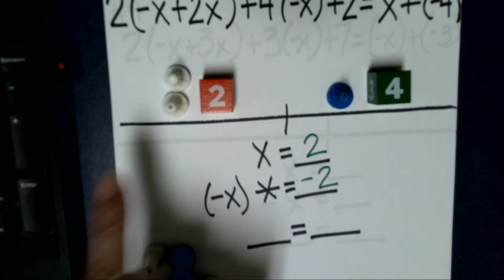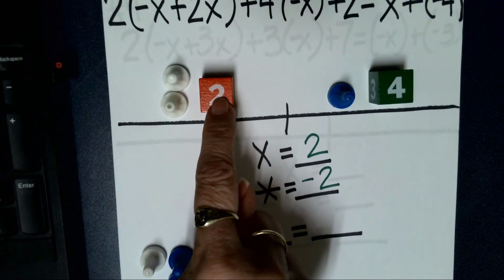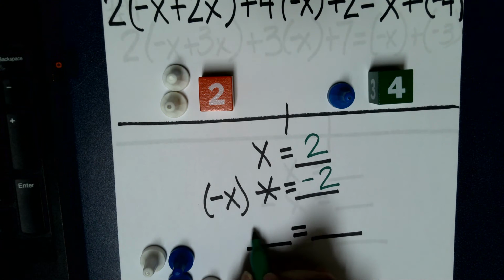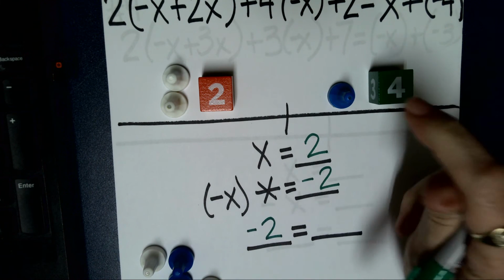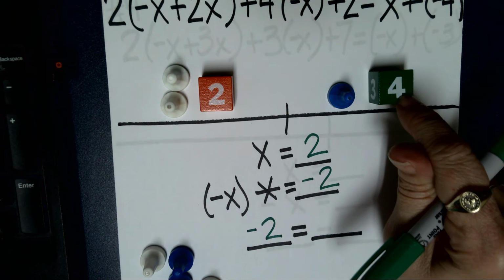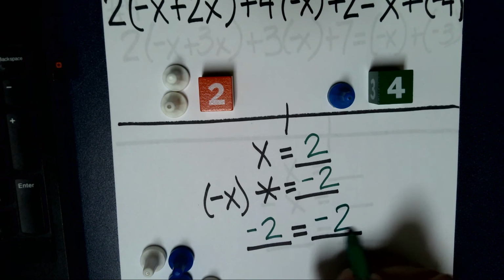We have -2, -4, and -4 plus 2 is going to be a -2. So that gives us a -2 here. And our pawn is 2, so 2 minus 4. 2 minus 4 is -2.